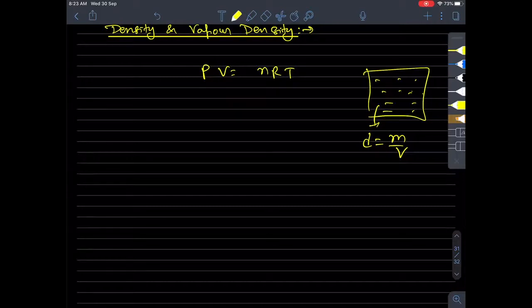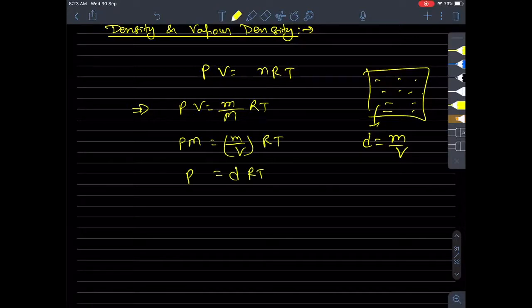So it is valid for everything, solid, liquid or gas. If we get the mass and take the ratio with volume, we get the density. From here, P V is equal to number of moles, which is mass by molar mass of the gas, yes or no? So P into M is equal to small m by capital V into RT, and this is nothing but density into RT. So density is simply PM by RT. Very, very important relationship.